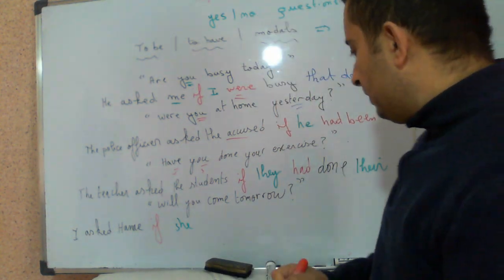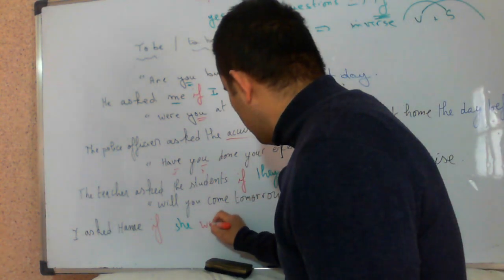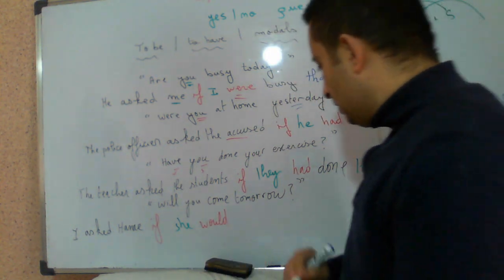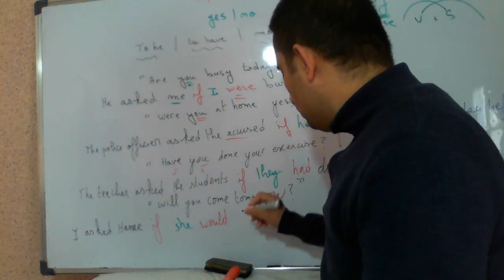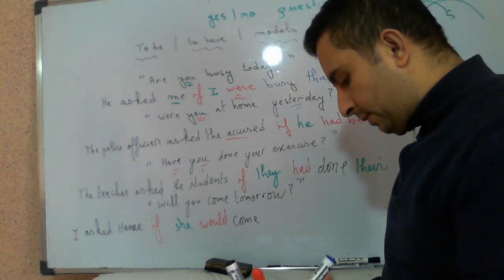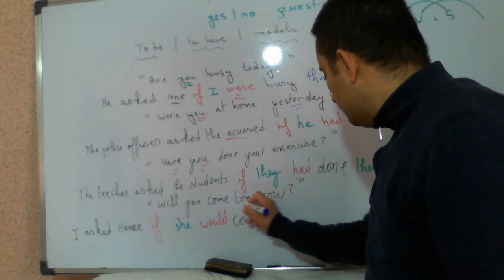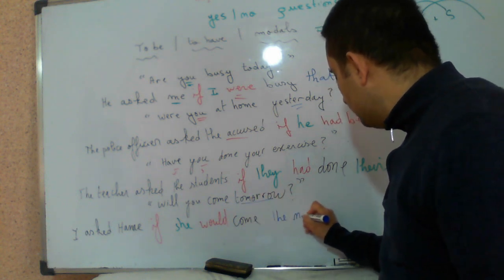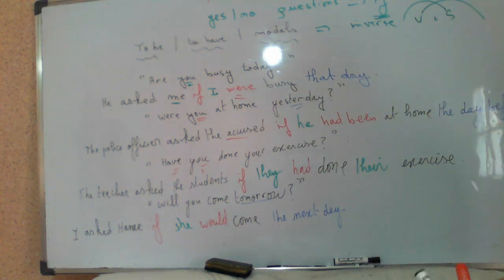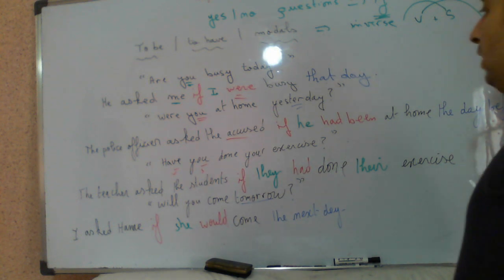Will becomes would. After a modal, no change, the verb is not conjugated. Would come. Tomorrow becomes the next day. This is for when we have the verb to be, to have, and modals, we inverse.